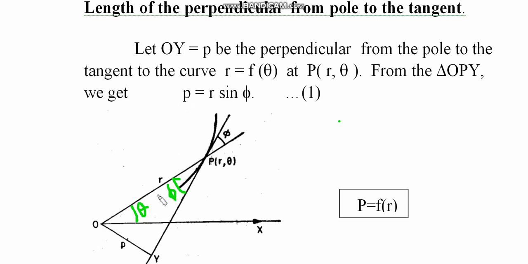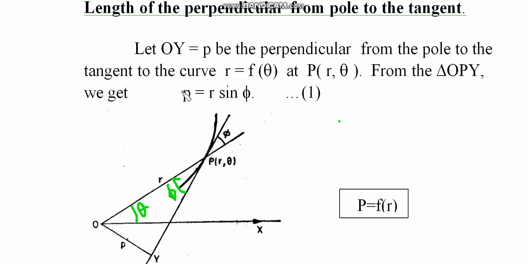And we know how to find the expression for phi. We have tan phi is equal to r divided by dr by d theta. From that expression of tan phi, we obtain the expression for sin phi and substitute in this equation p is equal to r sin phi, and we get a relation between p and theta.